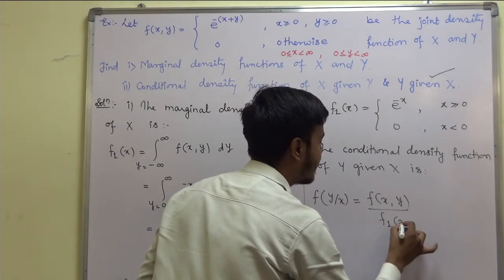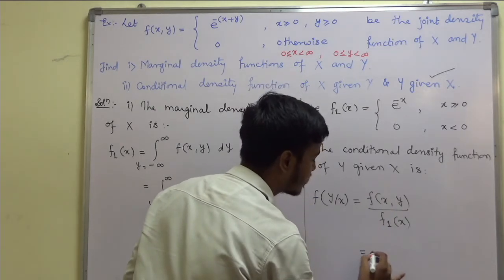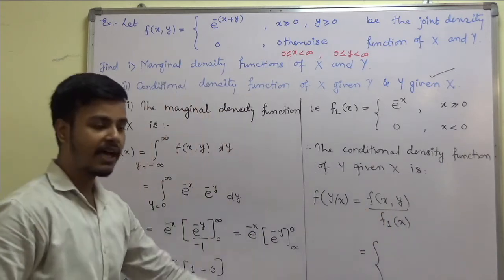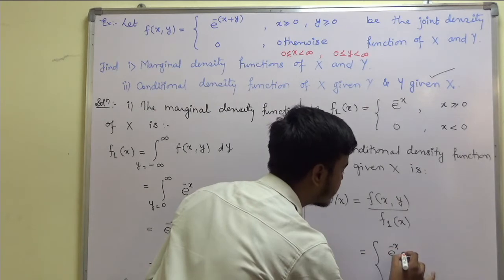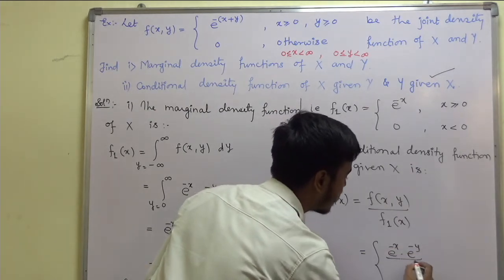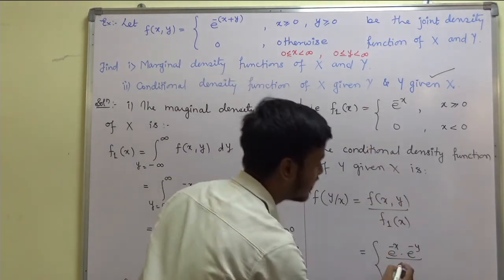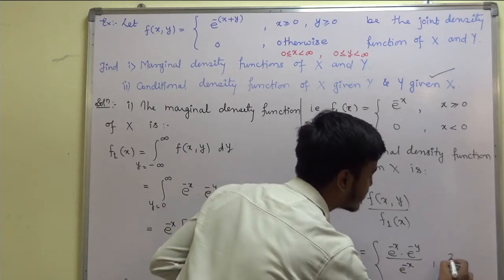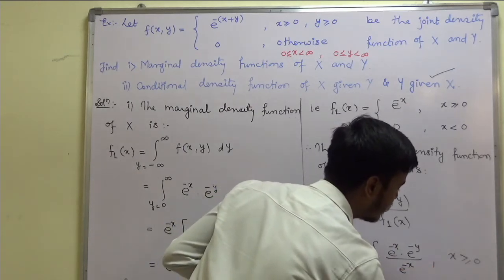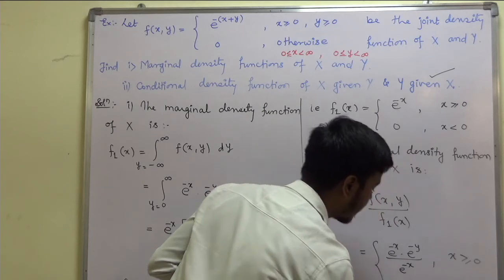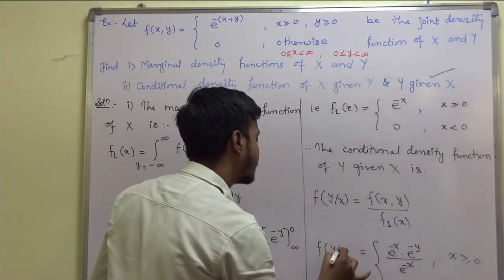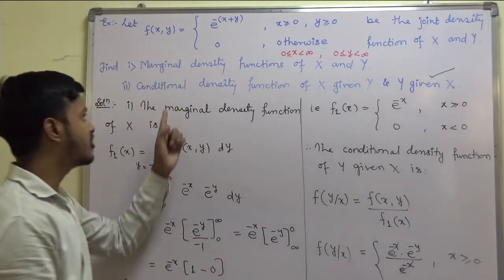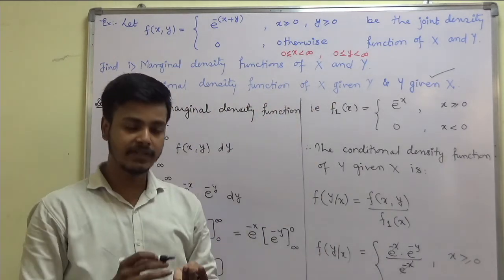Substitute: f of x, y is e to the power minus x into e to the power minus y, upon f1 of x, which we have just found to be e to the power minus x for x greater than equal to 0, and 0 for x less than 0. So this gets cancelled, and this is your conditional density function of y given x.